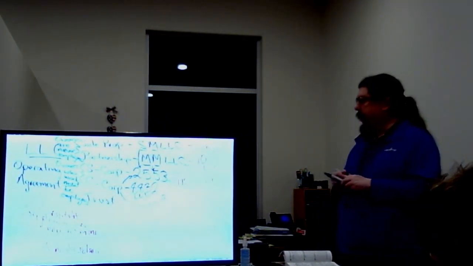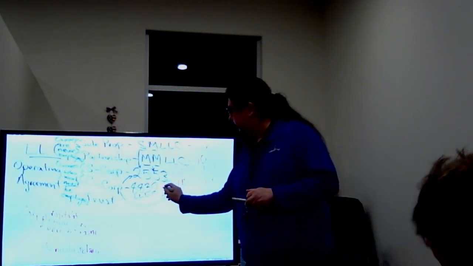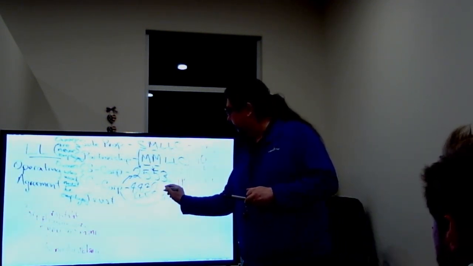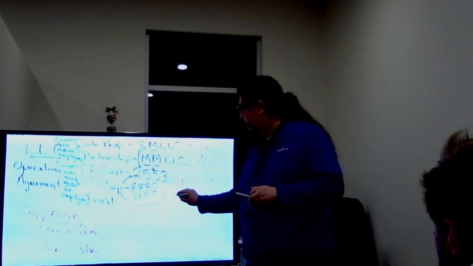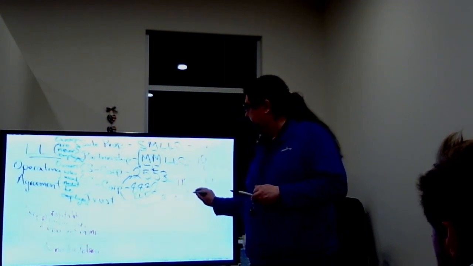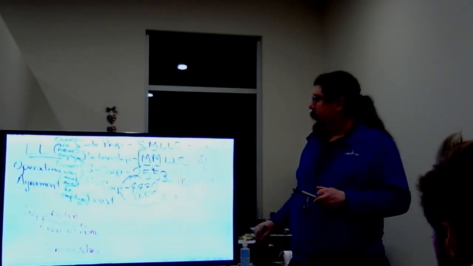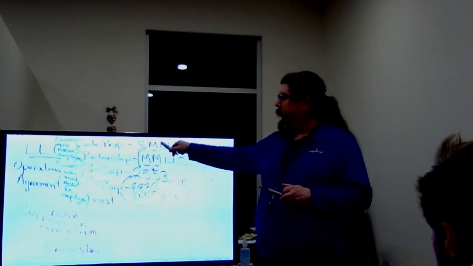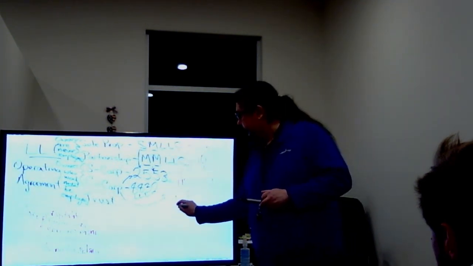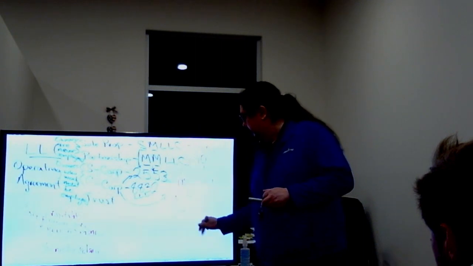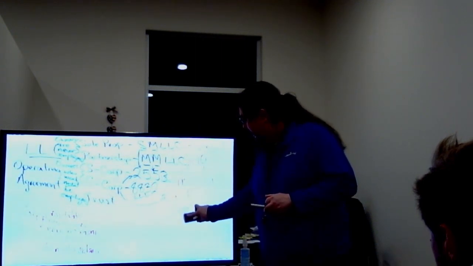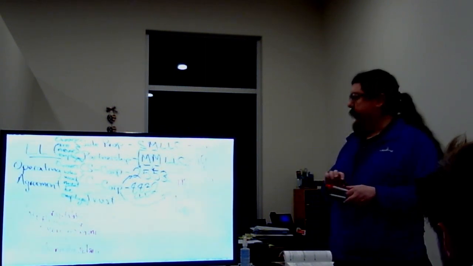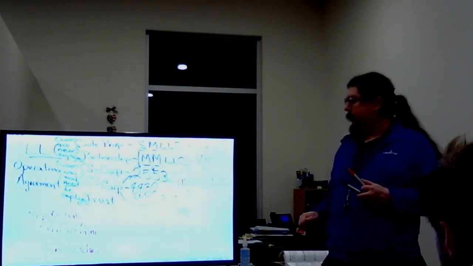And a C corp again pays its owners, if they're owner employees, a W-2. And this is the only one of all of these that pays its own taxes. So what is the 8832 again? This is if you're an LLC and you elect to be treated as a C corporation.